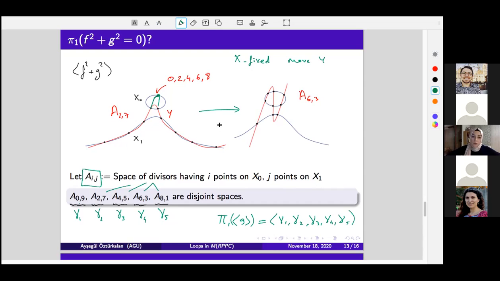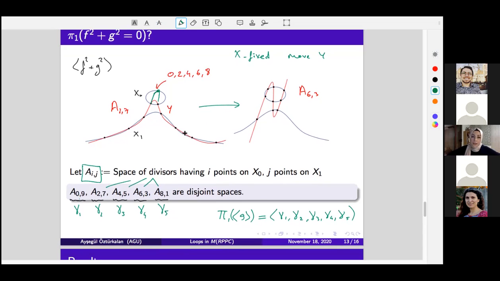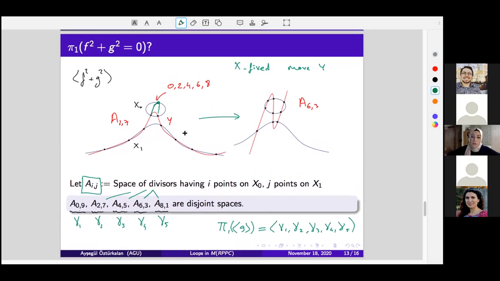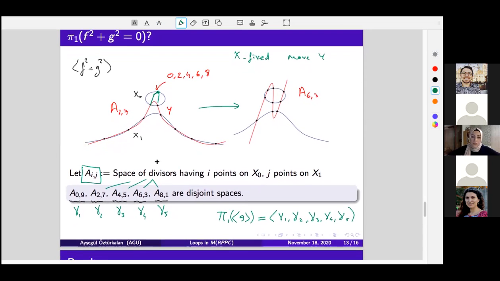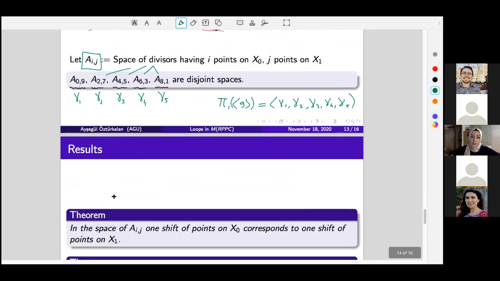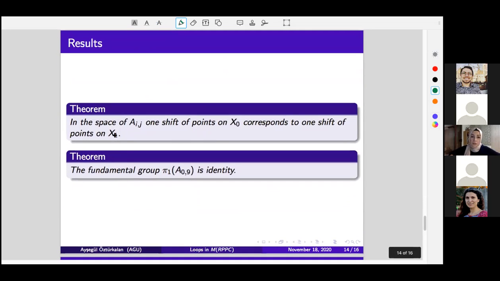Okay, how do I try to understand the movements here? Indeed, in the proofs of these movements, I don't want to tell the details. I used the group law of elliptic curves. And by the group law, we obtain some movements. What are these movements? Let me tell about the results. Indeed, in the space of Aij, one shift of points on X0 corresponds to one shift of points on X1.